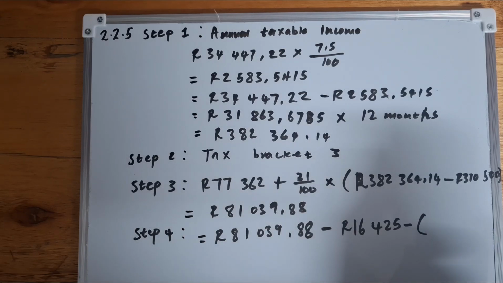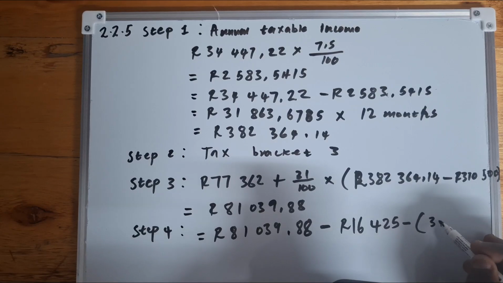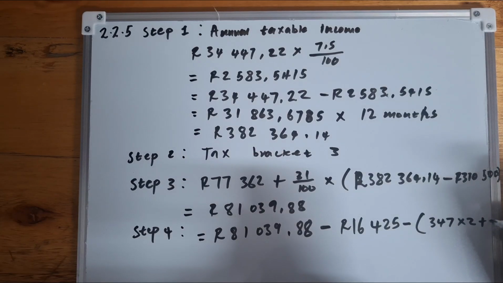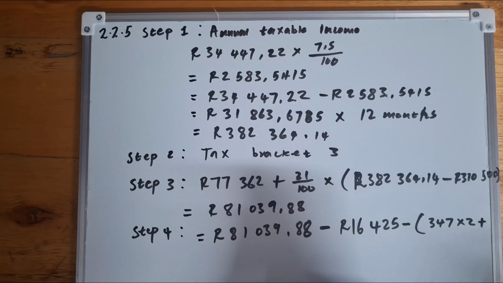Herself and her husband, she's the taxpayer and her husband is the first dependent, so they both pay 347. Then they also have their 2 children, who are additional dependents.